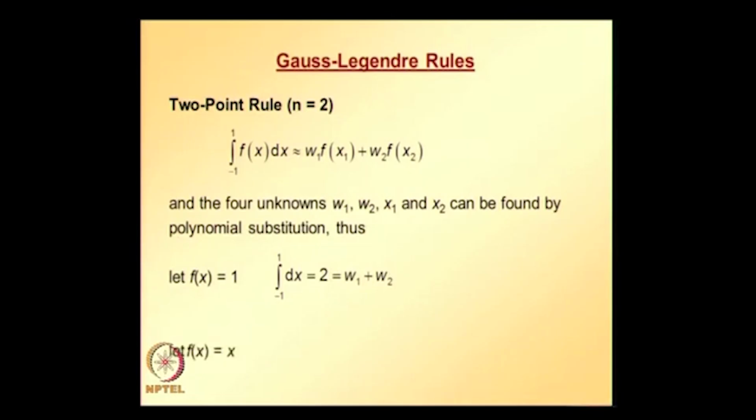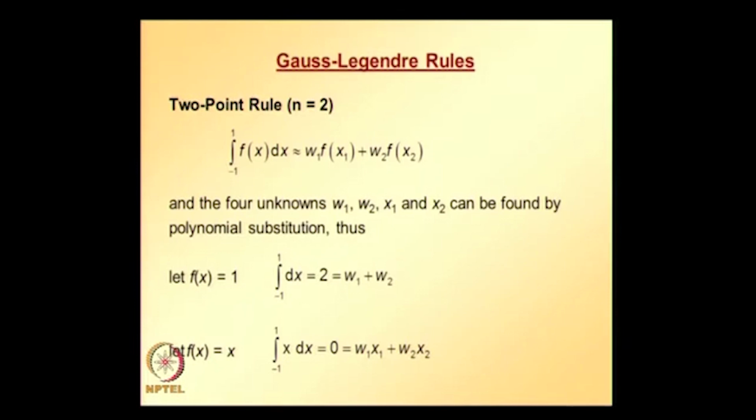Similarly, for f(x) is equal to x, again x is an odd function and we are integrating over a symmetrical domain, so the integral turns out to be 0, and the function evaluated at x1 is going to be x1, at x2 is going to be x2.